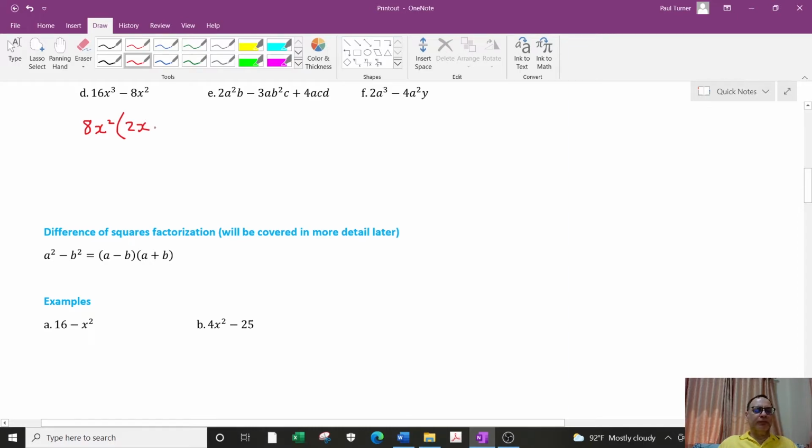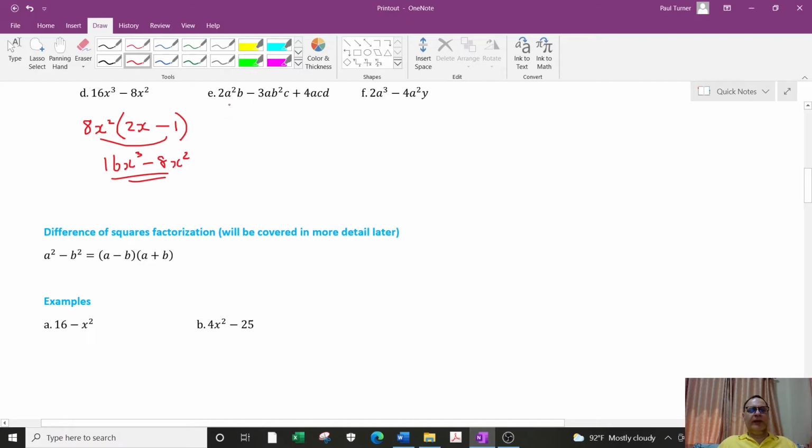And then we'll be left with minus 1. 8x squared times 2x is 16x cubed, and 8x squared times minus 1 is minus 8x squared. So you can see we did it correctly here.